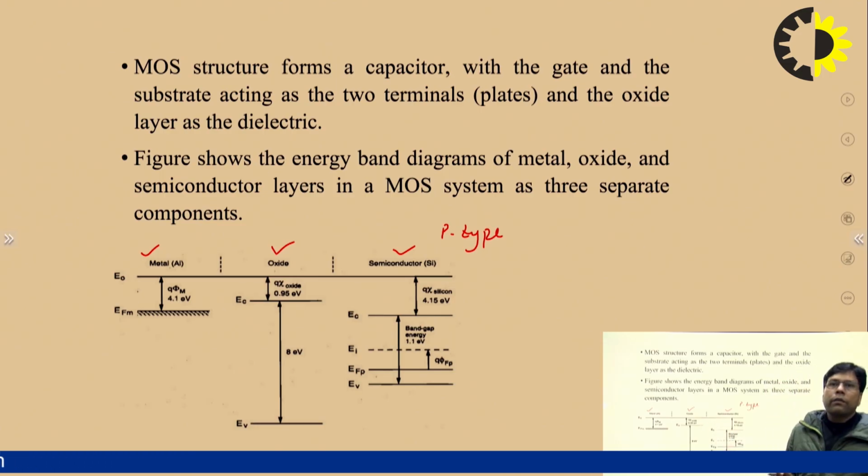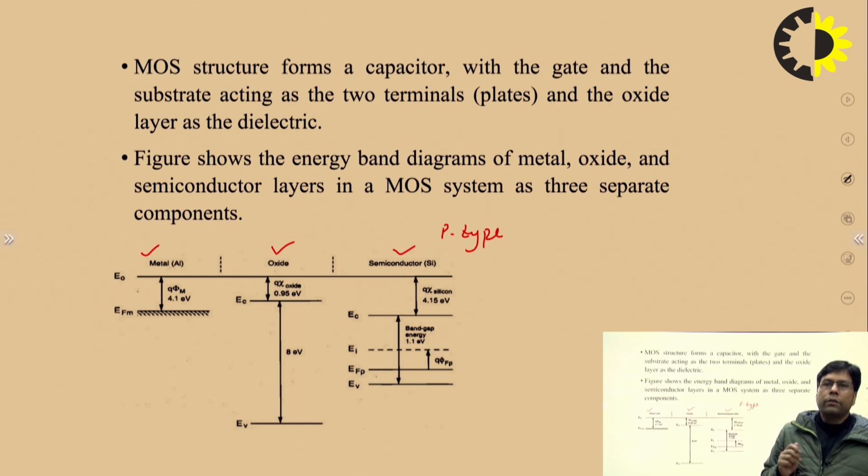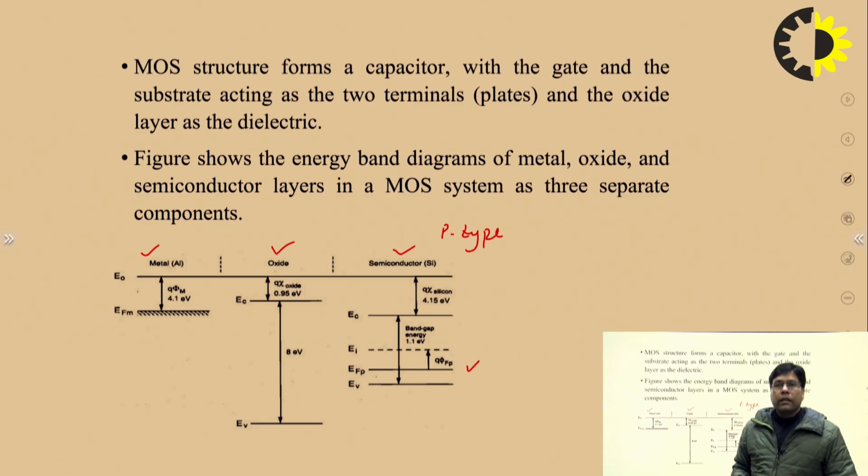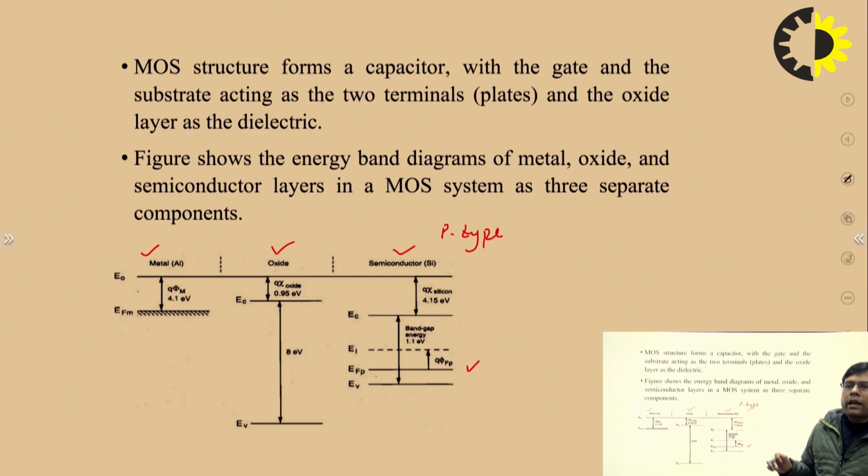In a p-type semiconductor, the Fermi level always lies just above the valence band. In an n-type semiconductor, the Fermi level lies just below the conduction band, right?